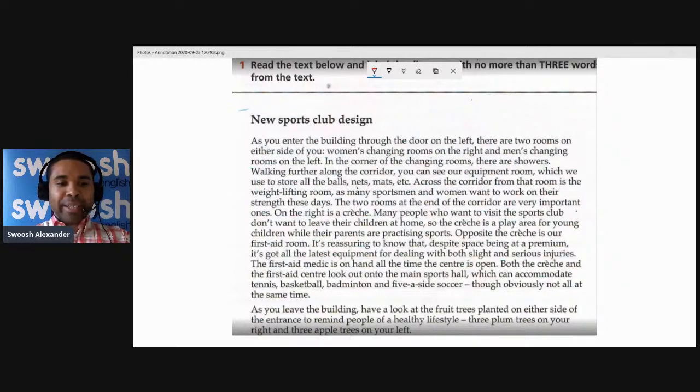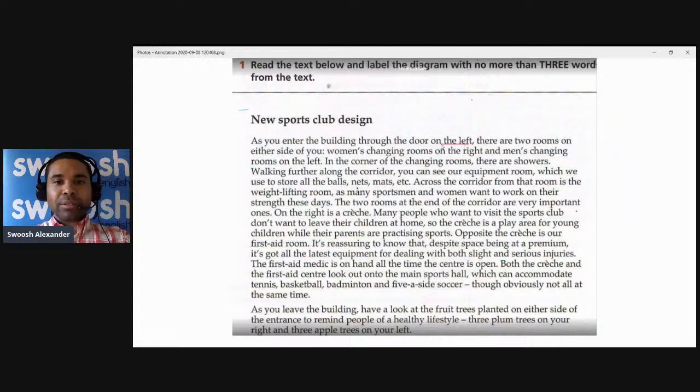So let's see then. First of all, as we are looking at this description, we will see that we have information relating to the door on the left. So it says, as you enter the building through the door on the left, this is important information, isn't it?